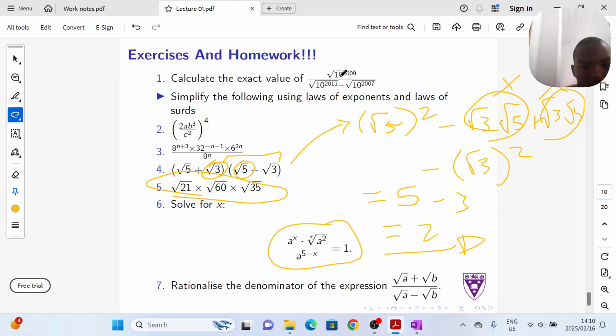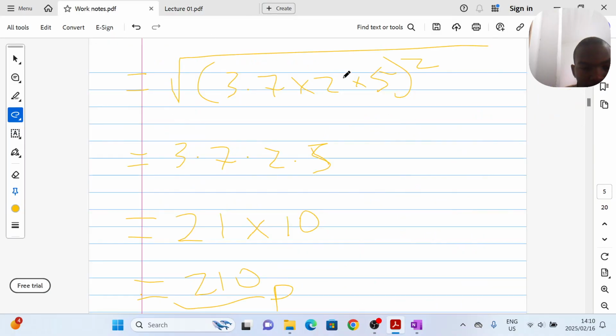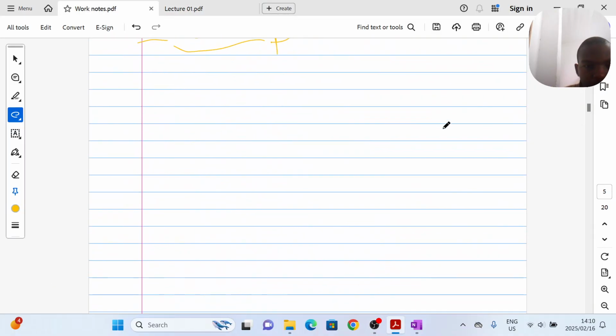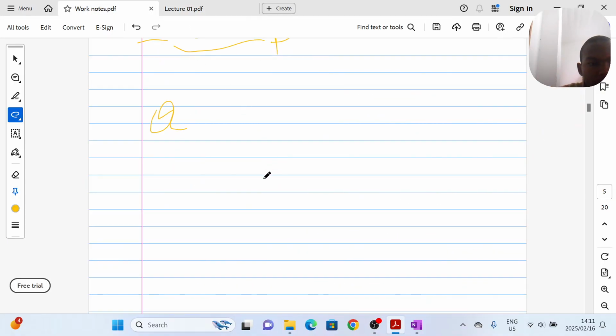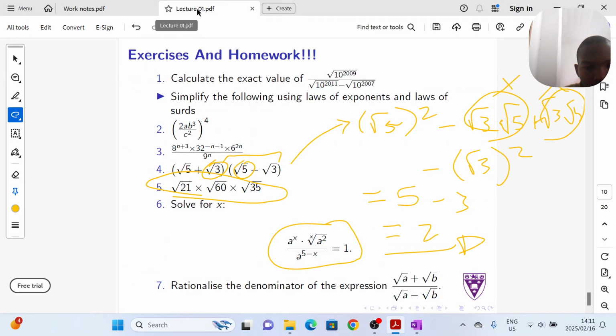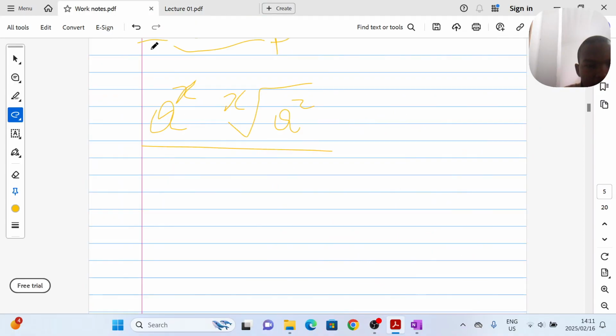This is also an expression because they don't have an equal sign. So let's try and solve for x in this particular equation. So this one we have a to the power x times the x root of a squared, all over a to the power 5 minus x.